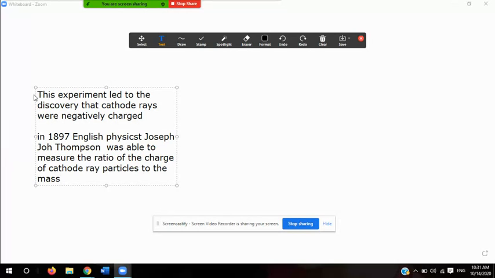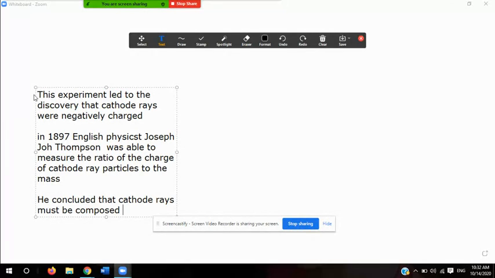Basically, Thomson concluded that cathode rays were composed of electrons. I'm just reading from the book, for those who had some internet issues with the class today, so you can at least see what was in the book and hopefully highlight it.